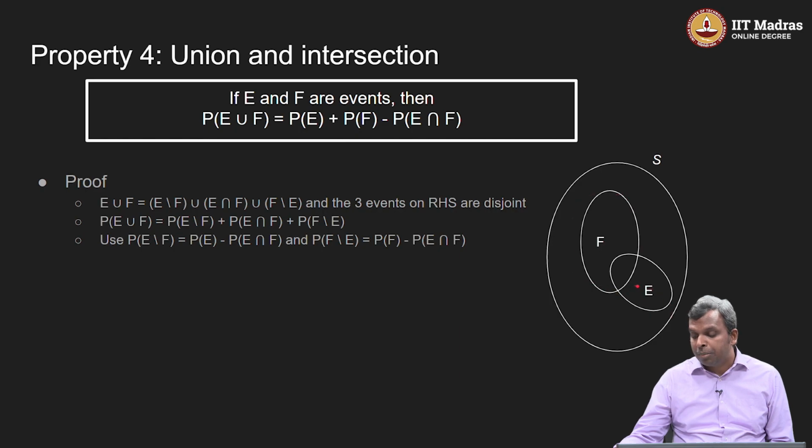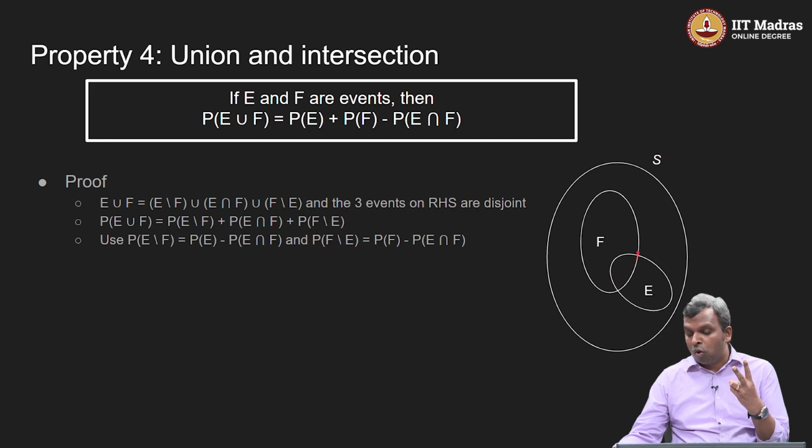If you do P of E plus P of F to get P of E union F, the intersecting area, E intersect F, would have gotten added twice. So you have to add P of E plus P of F, and then subtract P of E intersect F, which is what I am doing here. Then you will get P of E union F.